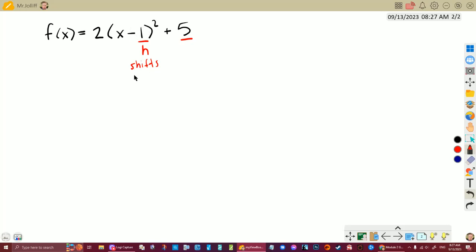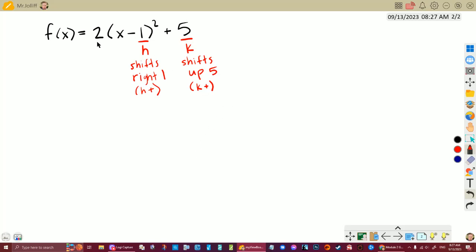So this is going to be a shift to the right because h is positive. K controls shifts up and down. If it's positive, it's up. If it's negative, it's down. In this case, it's up because K is positive. Specifically, I know it's going to shift right 1 and up 5.